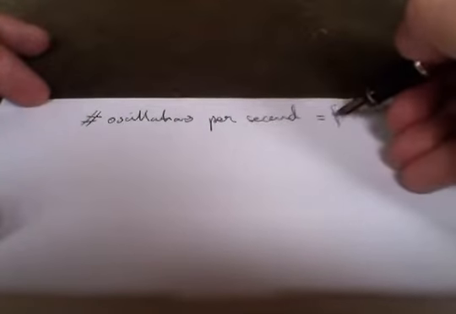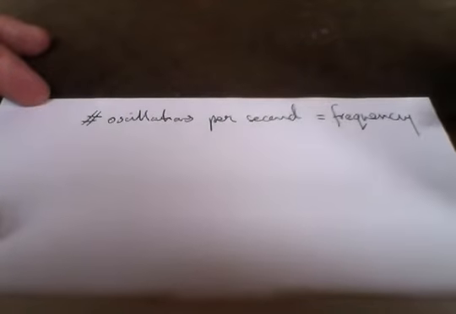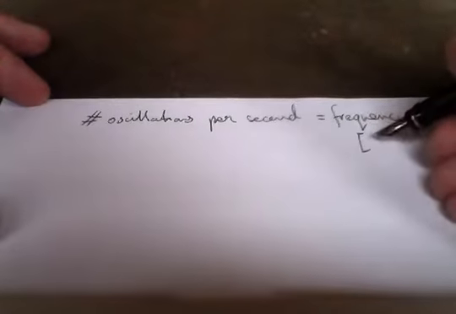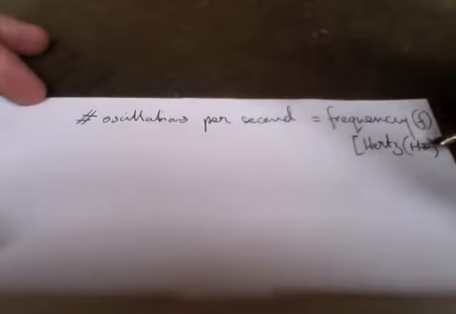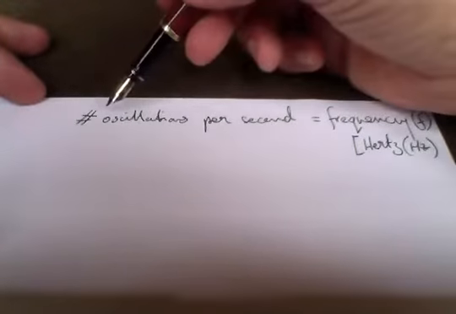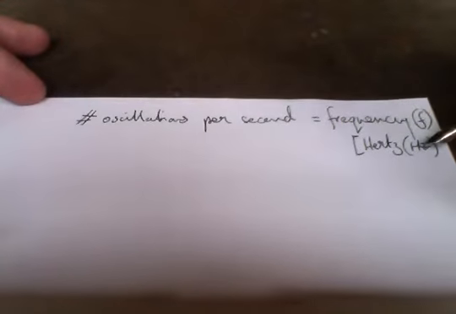And this is going to give rise to this idea called frequency, given the term F. It's measured in hertz, which is given the symbol Hz. So the frequency is the number of oscillations per second, and you measure it in hertz, which is Hz.